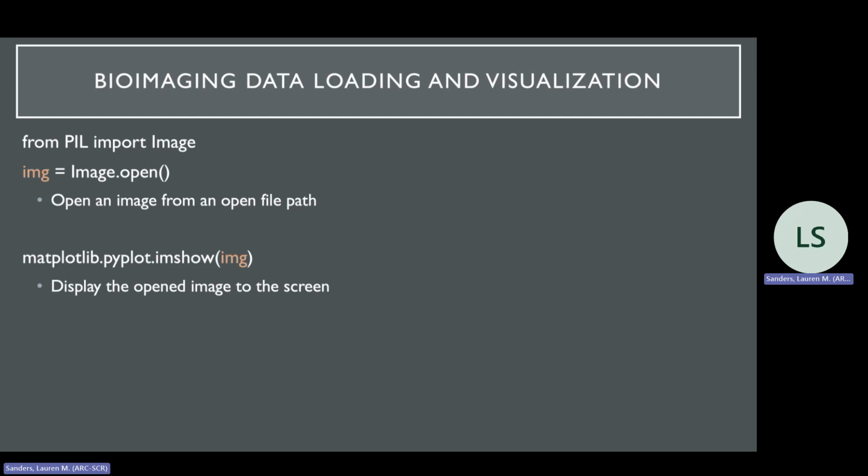We can then pass that variable into the matplotlib pyplot imshow function, which will display the opened image to the screen. We can also use this imshow function every time we do an image transformation using Pillow. We can display that transformed image to the screen to see what changes took place.